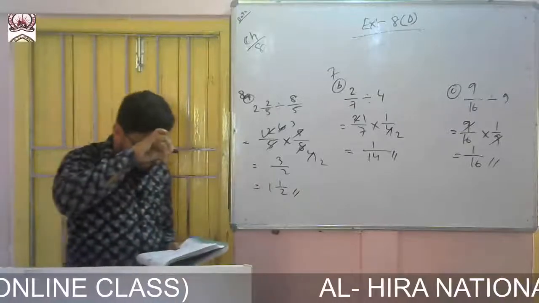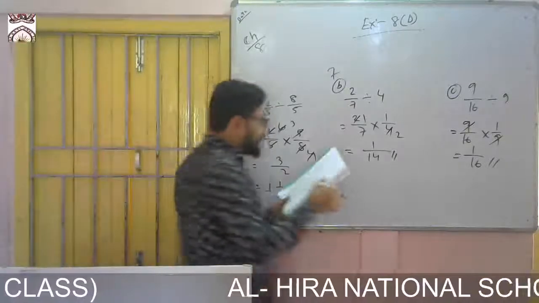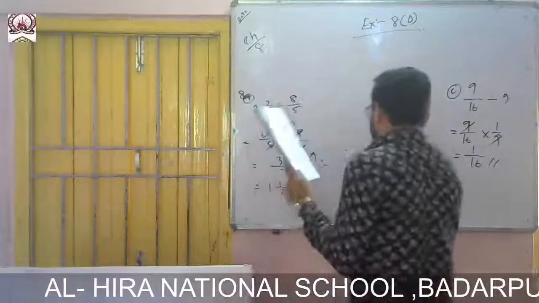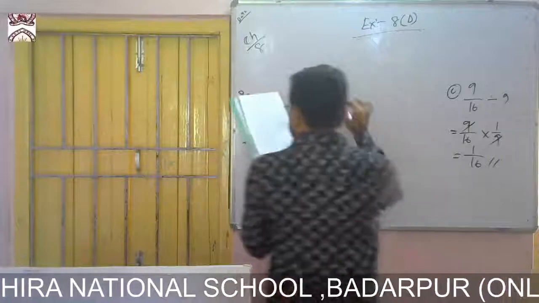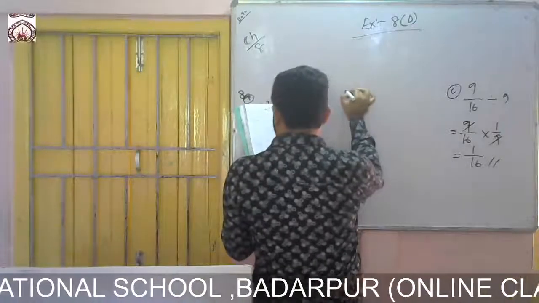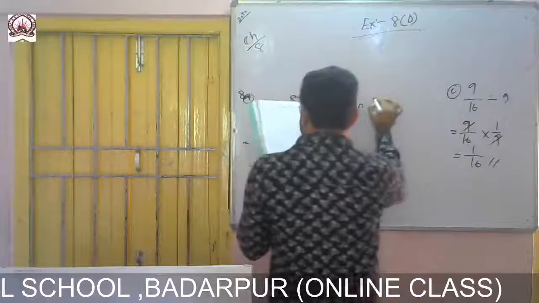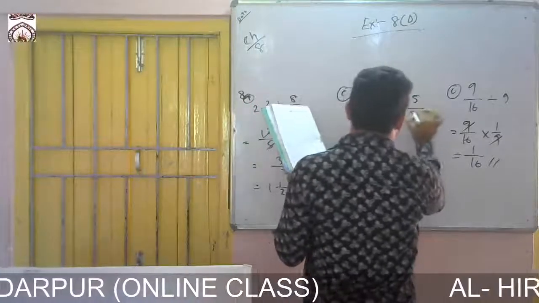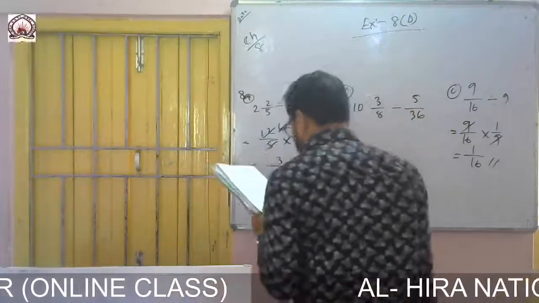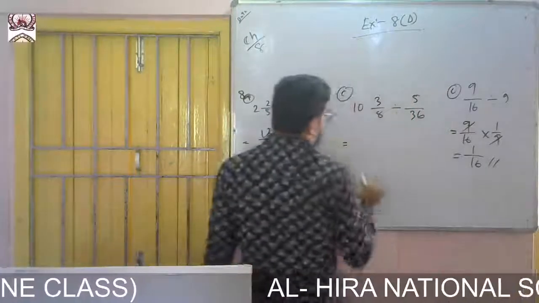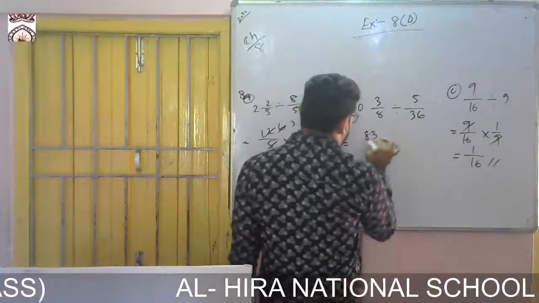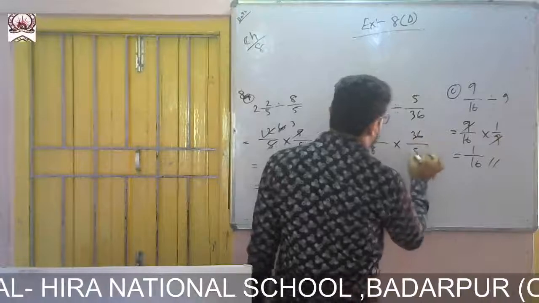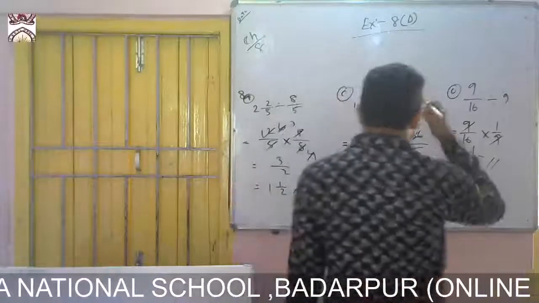Now come to the last one. 10 3 by 8 divided by 5 by 36. 10 8s are 80, 83 by 8 into 36 by 5.